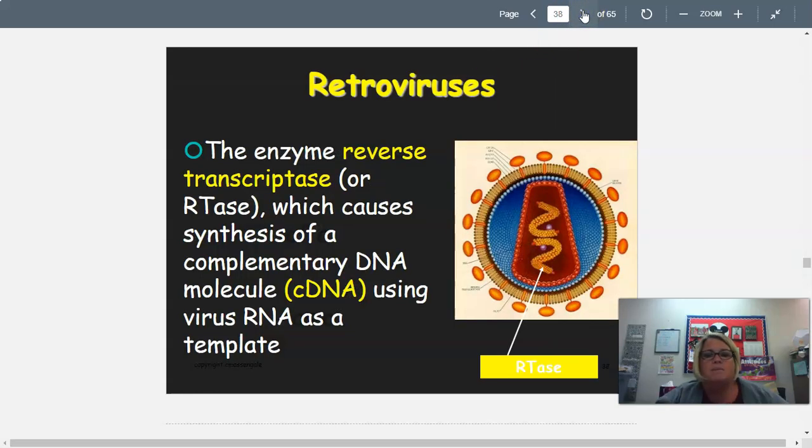So the enzyme, I'm going to say RTase for lack of a better, which causes synthesis of complementary DNA molecules using virus RNA as a template. So what it's basically doing is taking the host's DNA, telling it it's got to replicate again, but instead of it splitting and using that DNA as a template, it is using the virus's RNA as a template to bind for proteins.